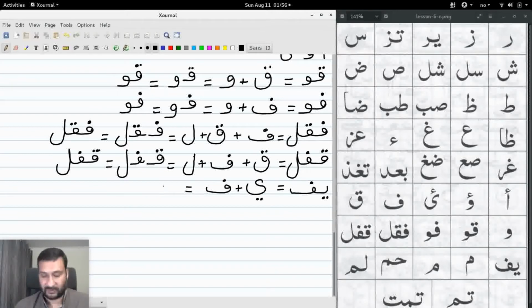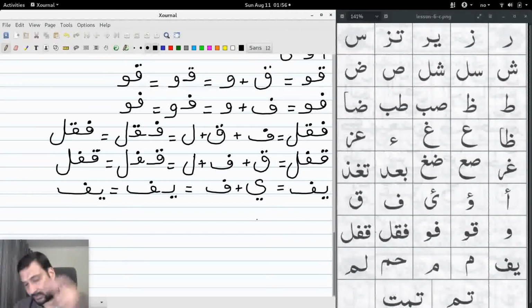So when ya is in the beginning, of course it takes this form, ya, and fa joins it like so, and it becomes ya, fa. Okay, it's not ta, fa, because ta has 2 dots above it and ya has 2 dots beneath it. So this was ya and fa.